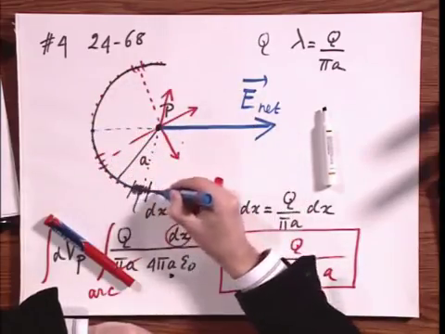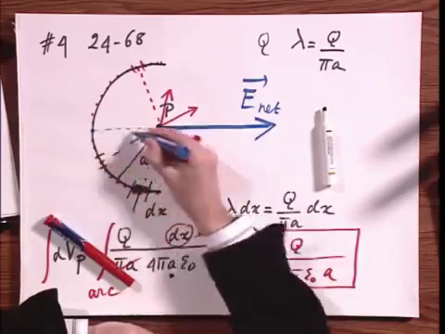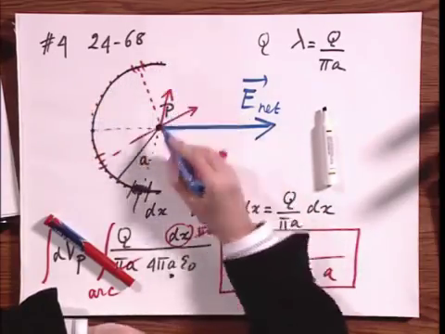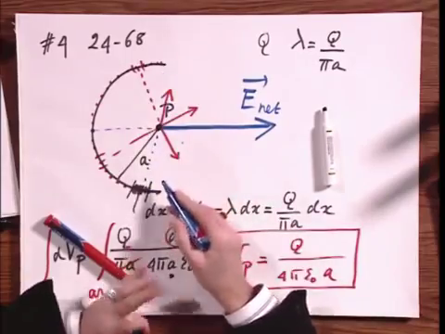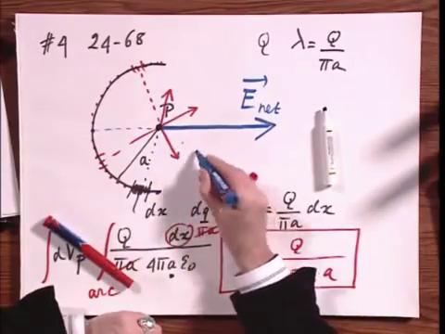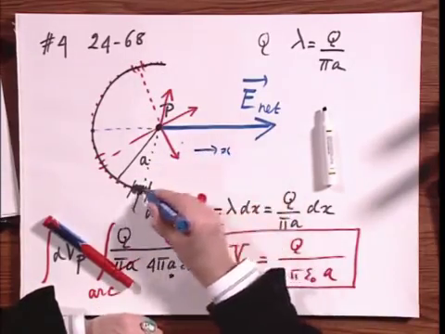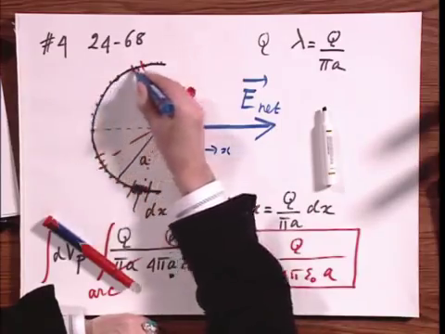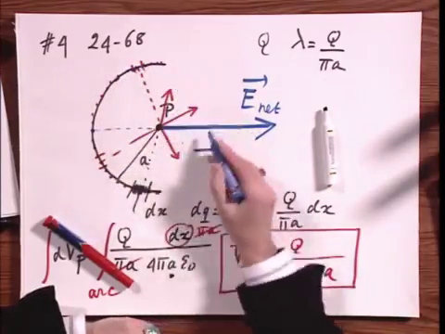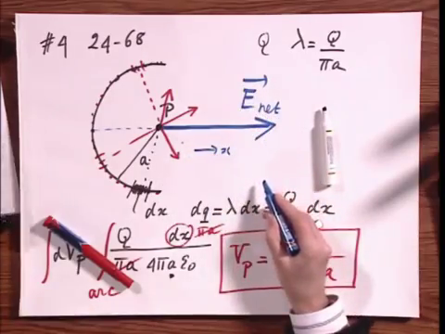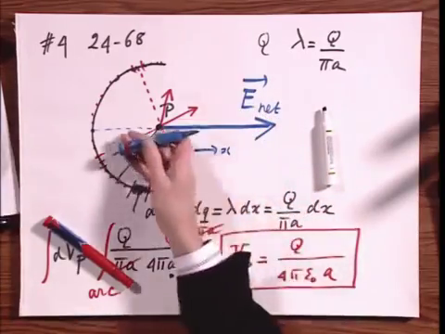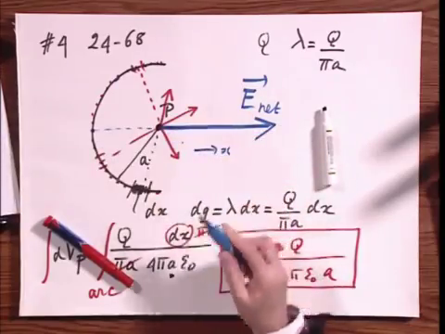What I have here below this horizontal line is exactly what I have here. So you don't even have to worry about the y components. So all you have to do is calculate all the x components due to all these little elements, and then you have to do an integral over the whole arc, forgetting the y components, and out comes the net E vector, which will be, I guarantee you, in this direction.